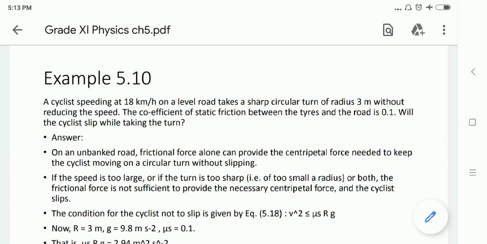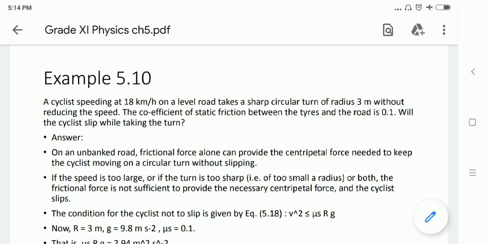If the speed is very large or the turn is very sharp, or both, at that time only frictional force is not sufficient to provide that centripetal force. So the condition for the cyclist not to slip is that the maximum velocity v square should be less than or equal to mu s rg.